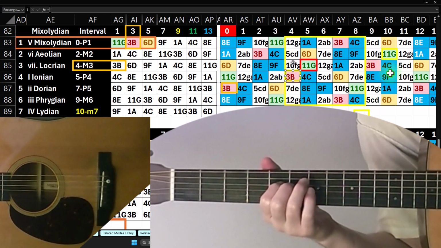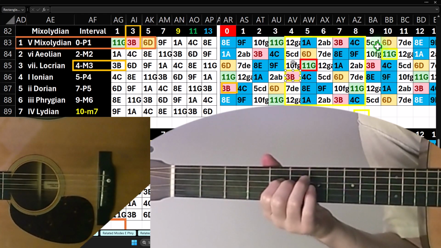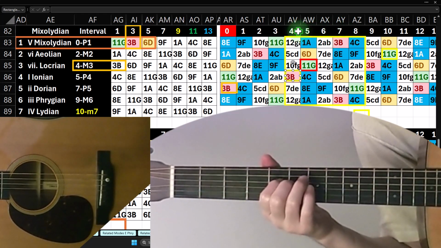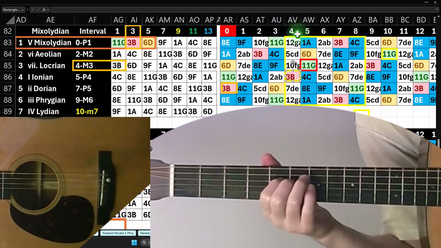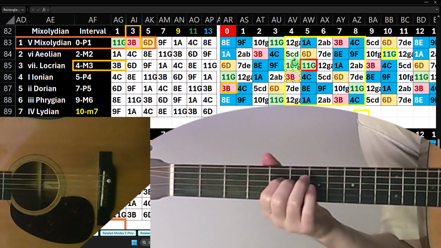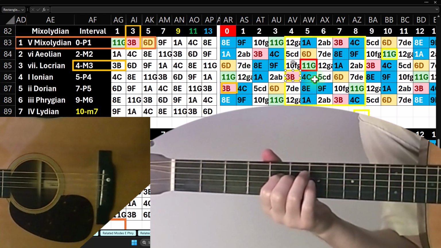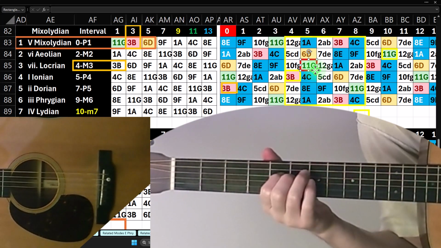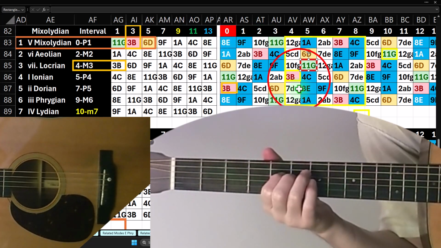So if I go down 2 strings, the 4 note away major third will be 1, 2, 3, 4, 5, 6 frets back, or it'll be right in the middle, which means it would also be 6 frets forward. But if I cross the fault line, which would happen 2 out of the 4 times I could do it, and I went down 2 strings crossing the fault line, then the 4 note away major third would only be 1, 2, 3, 4 frets back.